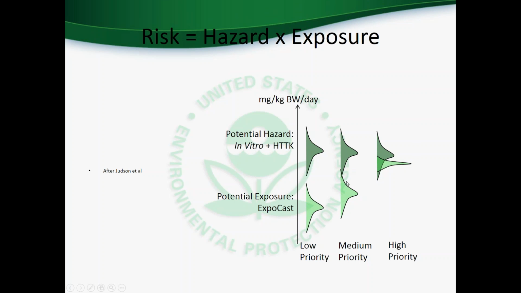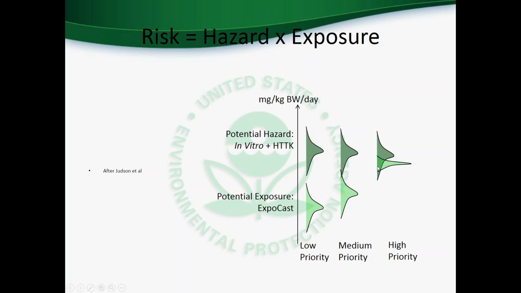You have one for this particular chemical and one for the third chemical. You can see from this that if this is the exposure and this is the hazard for this chemical, you really don't have to worry, because the exposure that you're estimating is nowhere near the point where it would be considered toxic. In here, we're getting a little bit closer. In here, you have to worry, because you're within the distributions of both the in vitro hazard and the exposure.